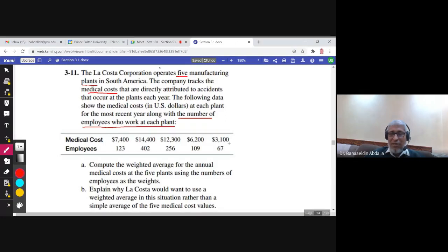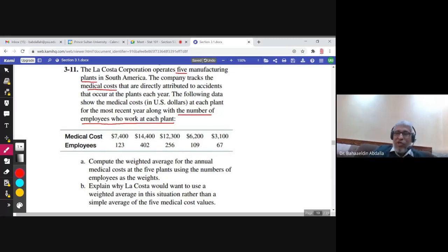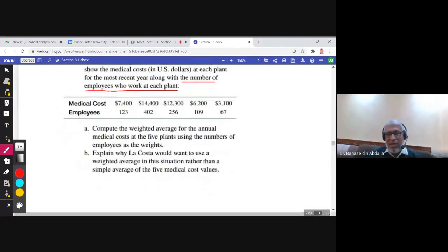In the last plant, we have 67. Do you expect that the medical cost of 400 employees will be equal to the medical cost of 67? Of course not. So the number of employees should be taken into account if you want to find the weighted average for the annual medical costs. And pay attention here, we need to find the weighted average for the annual medical costs.